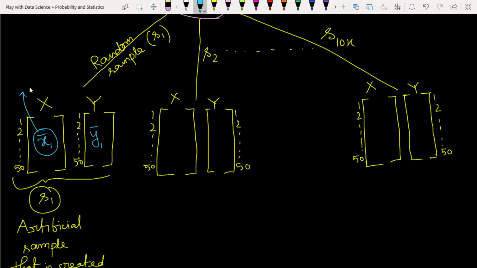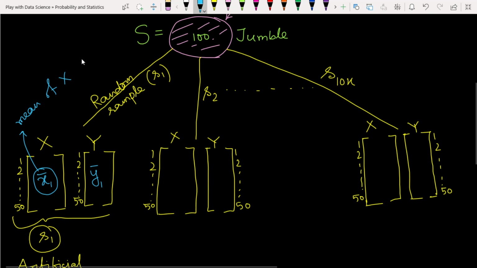This is the mean of X created from the artificial sample S1.